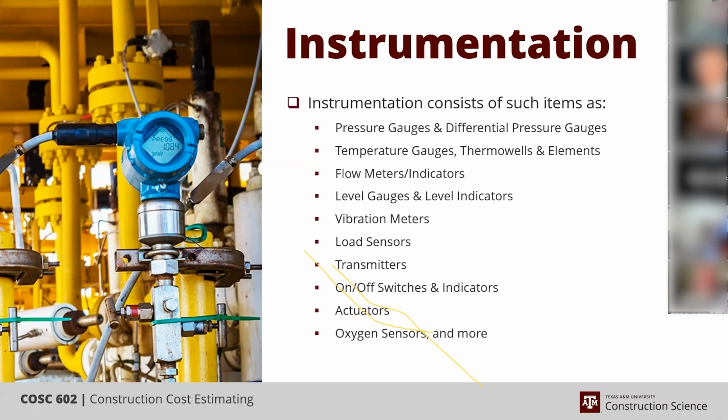On the other hand, thermal wells and elements, that's usually used in a fired environment, but if you have a number of points that you're wanting to capture, then you'll have literally a well. So you bolt this on to the wall of the furnace or the heater or the vessel or the pipe, and that well penetrates inside, and then the element slides inside that well and then screws in tight and sealed.